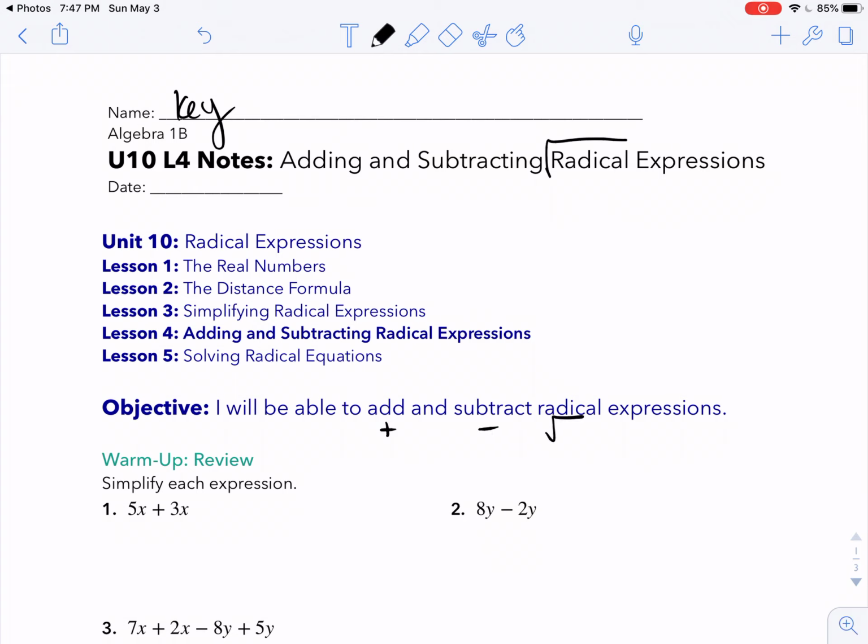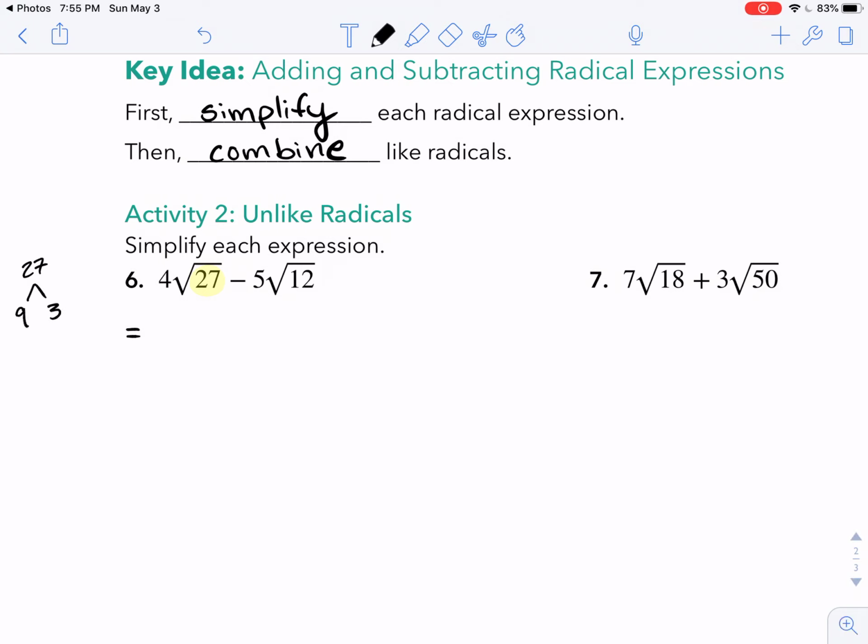So I see this square root of 27, and I know that 27 can be factored. 27 can be factored into 9 times 3, and 3 is prime, but 9 can be factored into 3 times 3. Because 9 is a perfect square, I'm going to want to leave that in my factorization under my radical.